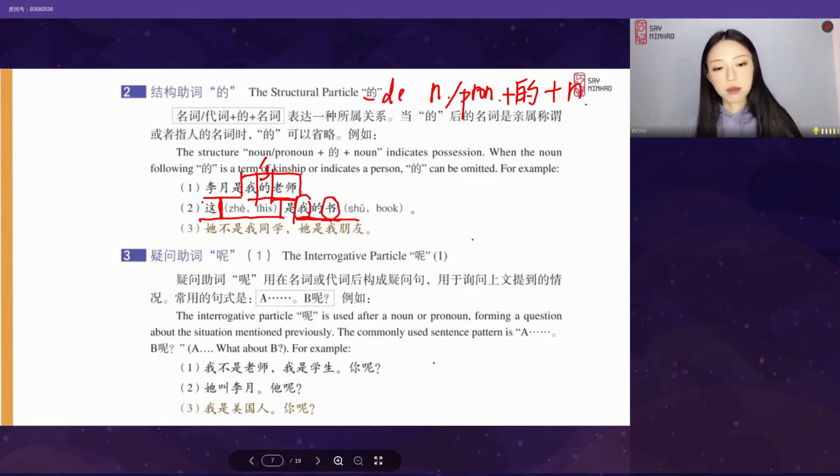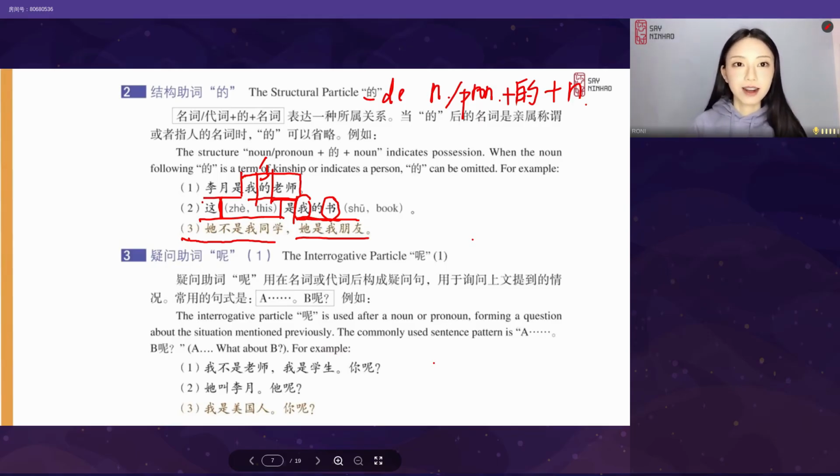我的书, my book. Last example is 他不是我同学，他是我朋友。Did you see anything strange? Did you find anything strange? There is no 的 here, right?